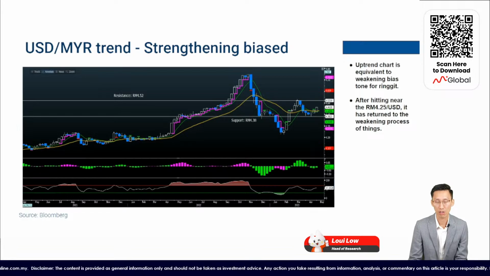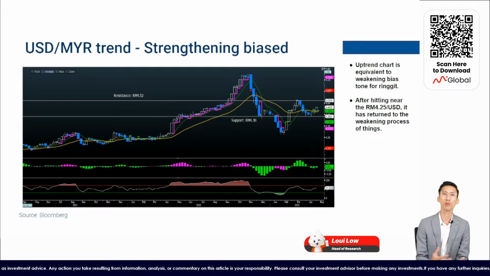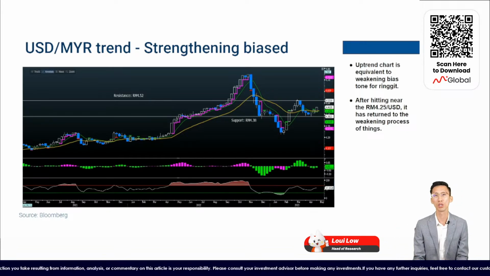And if we are on a weakening path, it is good for the exporters. That is one thing you can take from this chart and implement straight away into your portfolio. When the ringgit is getting stronger and stronger, where should you put the money? It's definitely in local businesses or local banks. That is how you can utilize this chart to trade your Malaysian counters.